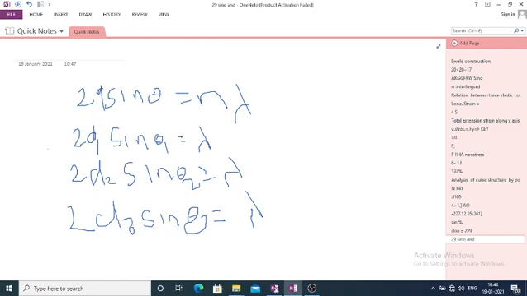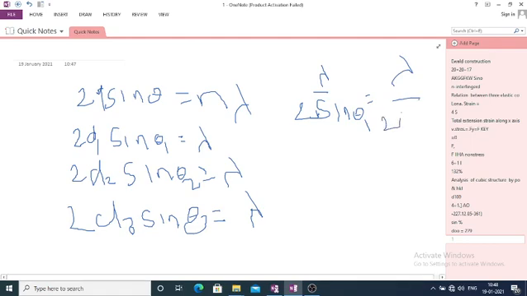So if you use here, d1 is equal to lambda upon 2 sin theta 1, d2 is equal to lambda upon 2 sin theta 2, d3 is equal to lambda upon 2 sin theta 3. So we got the equation, that is lambda upon 2 sin theta 1, lambda upon 2 sin theta 2, lambda upon 2 sin theta 3.